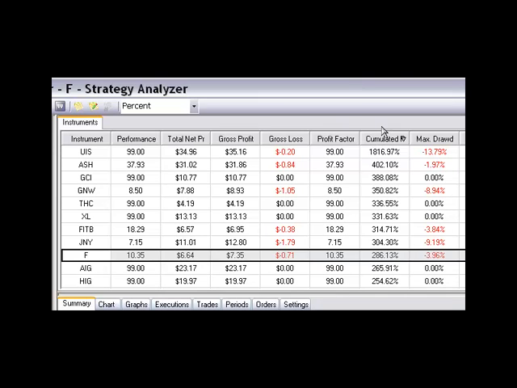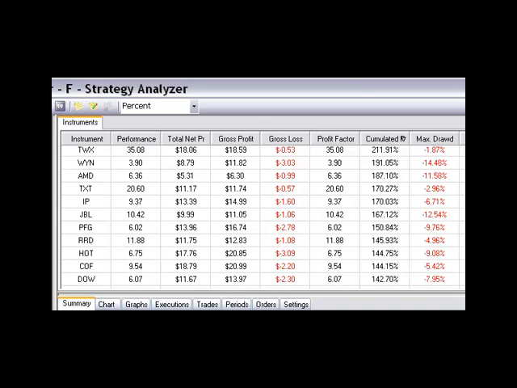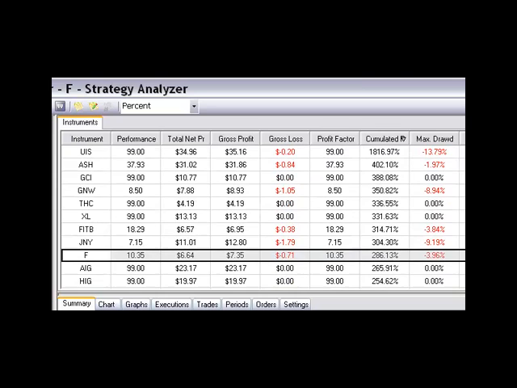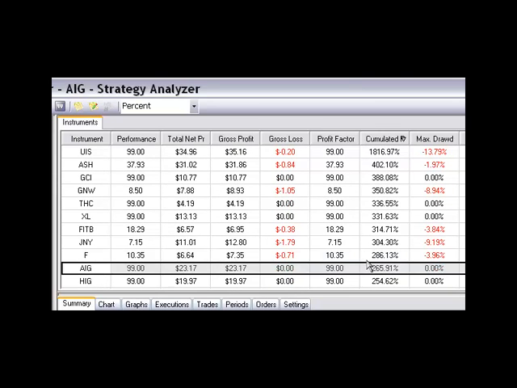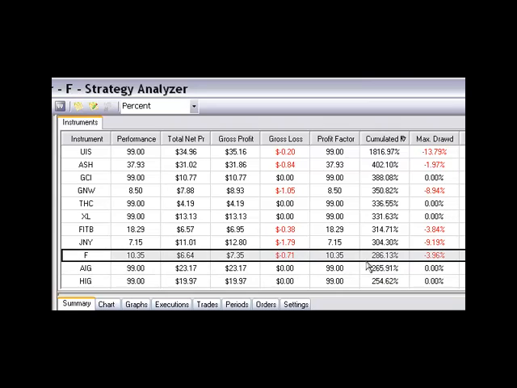Another important part to look at when selecting stocks is to look at the cumulative profit and the maximum drawdown together. Let's scroll down a little bit here because we had a couple of pretty good examples. Yep. Here we go. Ford and AIG made similar returns. Ford made 286%. AIG made 265%. Both did very well.